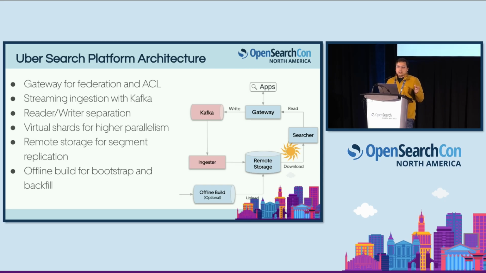Think of S3, think of HDFS. And then we have a searcher service, which downloads these segments periodically at its own pace and serves the reads that are coming via the gateway. We also have an option to bootstrap, to build an offline index via Spark at the time of bootstrapping or at the time of backfilling.